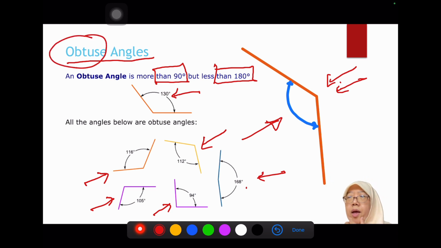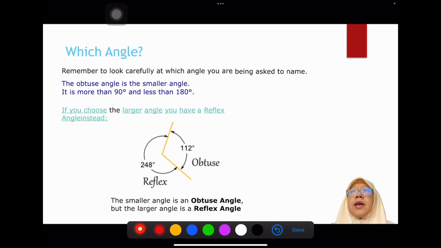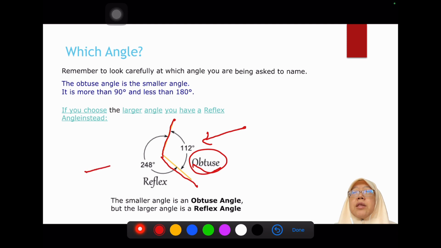You might have smaller angles, acute angles, right angles, or 90 degrees in the mixture. So once again, which angle are you looking at? If you are looking at this side from this angle, this is obtuse. If you're looking at the bigger one, this will be the reflex.